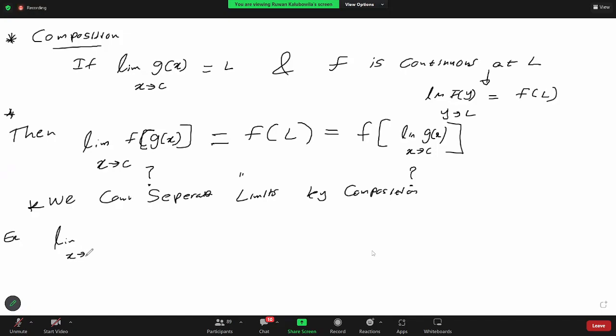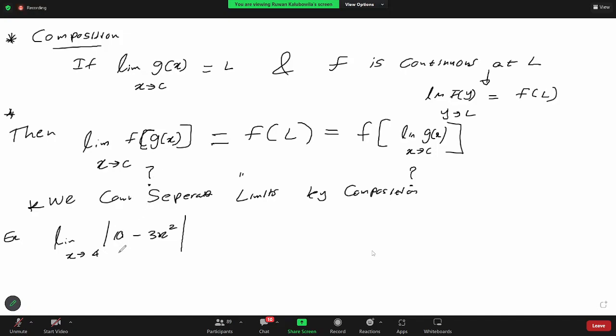Let's say this kind of example: when x approaches 4, we have to find the limit of the modulus of 10 minus 3x squared. By looking at this function, you can see the modulus is there, and inside you have a polynomial.